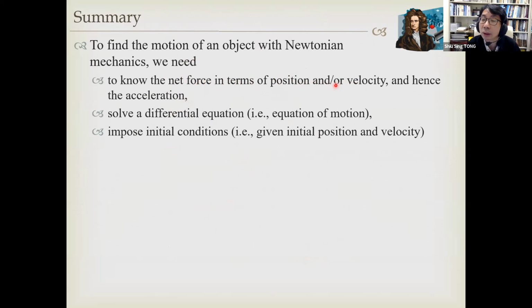And so, what you resolve when you equate the acceleration with d²r/dt², you get a differential equation of motion. And after solving the differential equation of motion, you have to impose the initial condition, that is the given initial position and velocity, to fully specify the position of the object. That is a strategy of solving the problem in Newtonian mechanics.